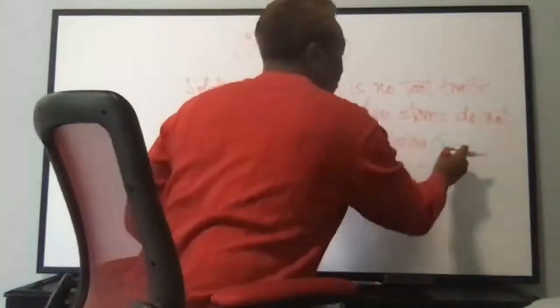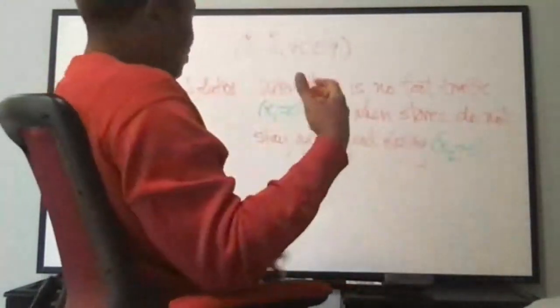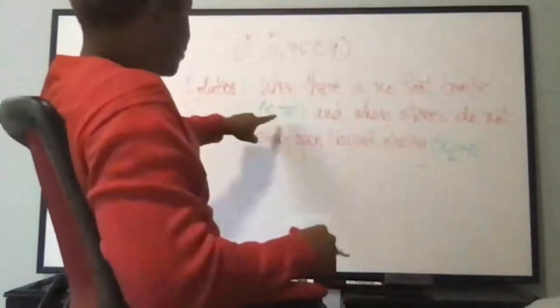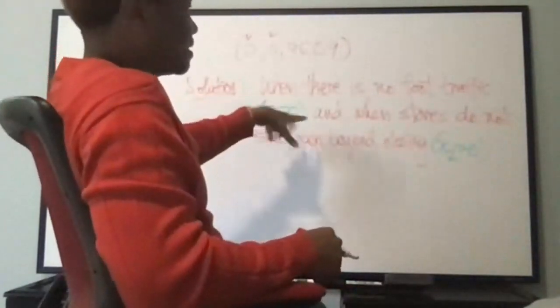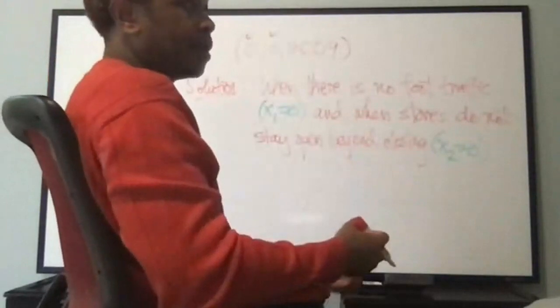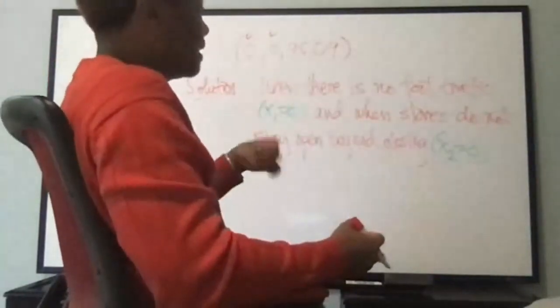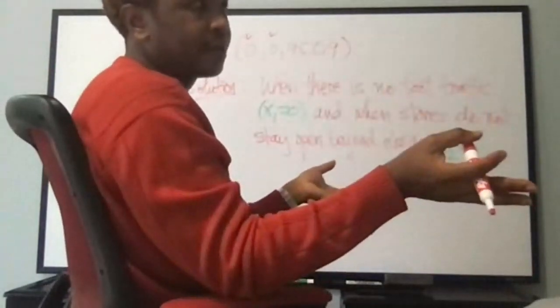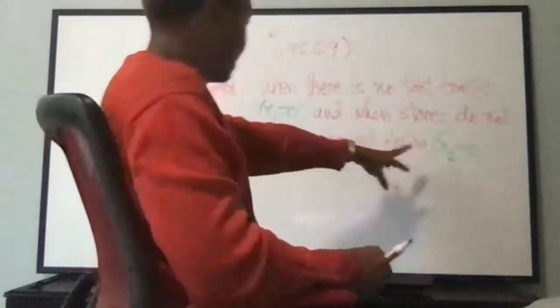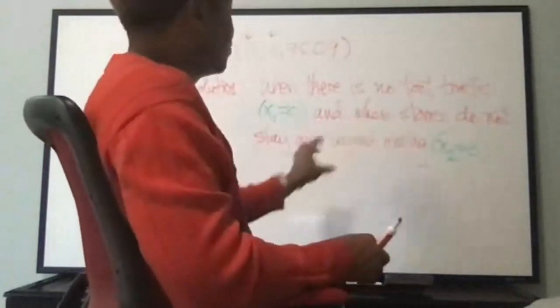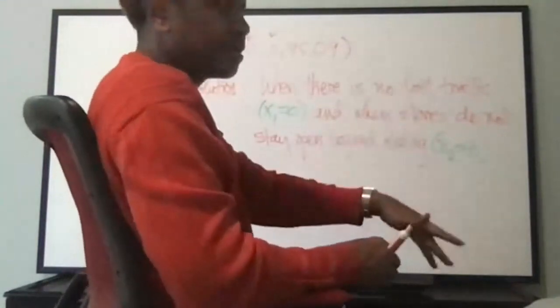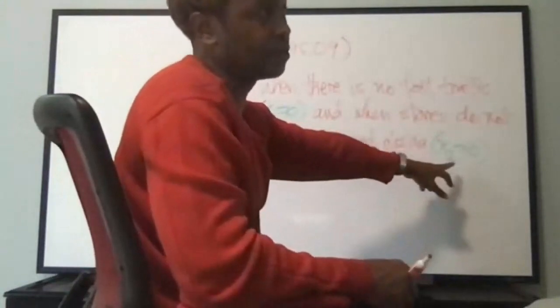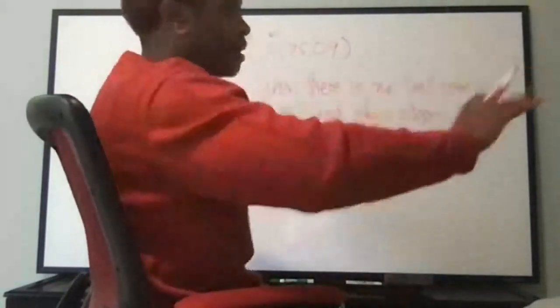So in other words, do you guys understand what I'm struggling with here? I have to interpret what 0 means in the foot traffic column. Well, 0 in the foot traffic column means there is no foot traffic. Nobody's coming in your store between 1 and 2 o'clock. And then the second one, when stores do not stay open beyond closing, so that's x2 equals 0. No time open beyond closing.